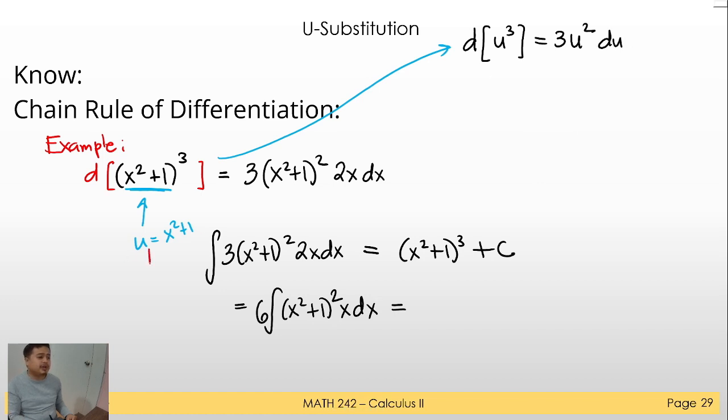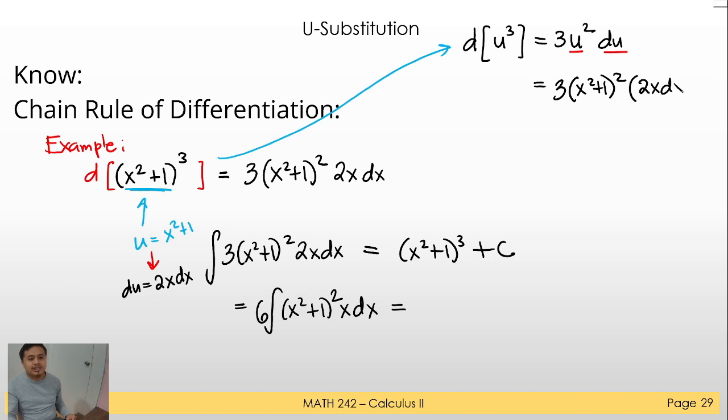And if you could recall, the differential of u, du, is equal to 2x dx, since the derivative of x squared is 2x, plus 0. So we could change this u and du into 3 times (x squared plus 1) squared, and du is equal to 2x dx.